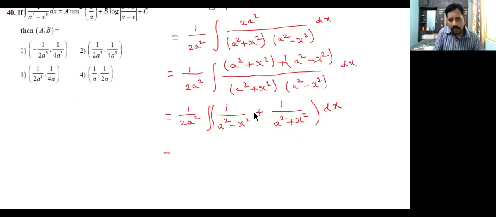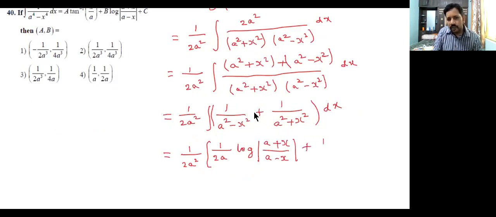Now apply the formula: 1 by 2a square into the integral of 1 by a square minus x square, whose formula is 1 by 2a into the logarithm of modulus a plus x by a minus x. If you don't know the formula, see the question, already given on the right hand side: this is 1 by a tan inverse x by a plus c.